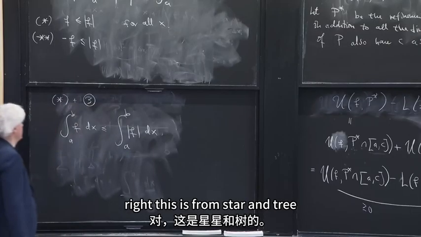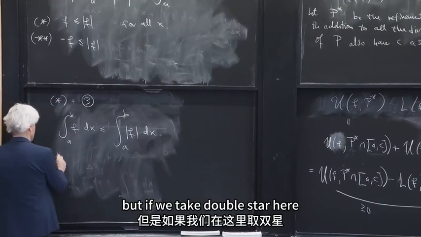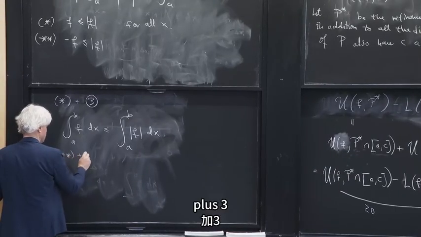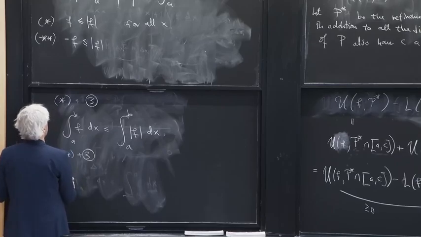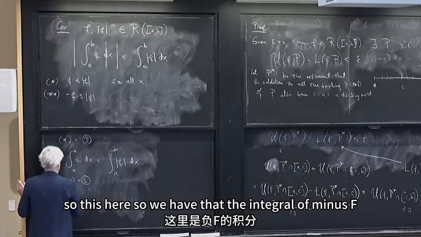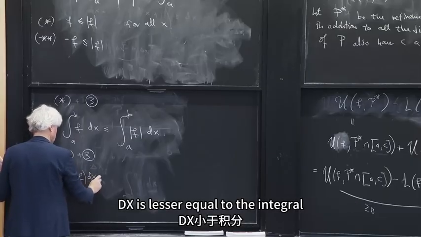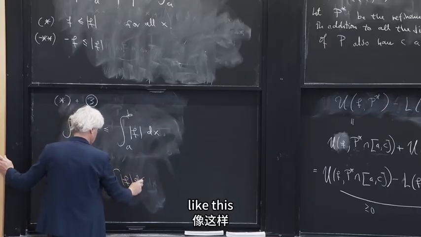This is from star and 3. But if we take double star plus 3, then we have that the integral of minus f dx is less or equal to the integral of the absolute value.